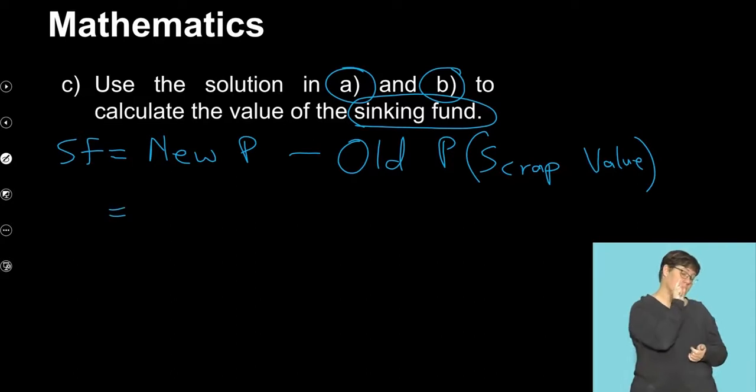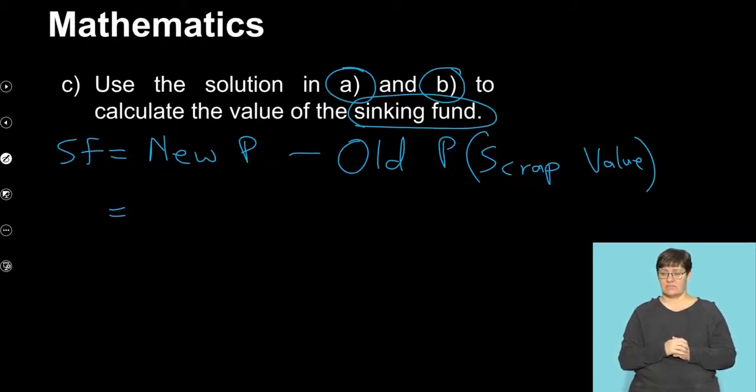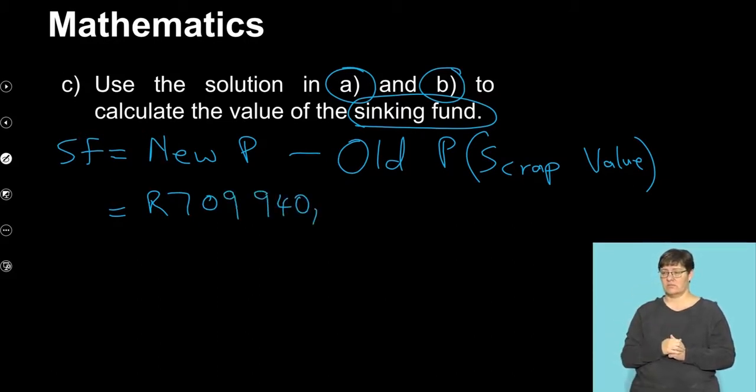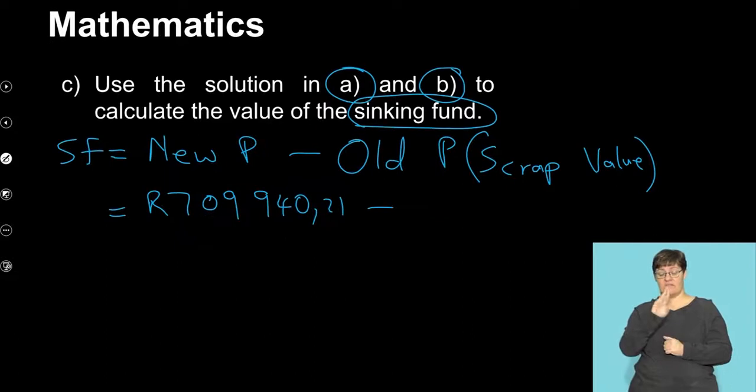That's just what you need to do. So I'm going to go back and just look at my numbers. I have 709,940 and I think it was 21 cents minus the book value of ours, which was 52,105 and I think it was 60 cents.